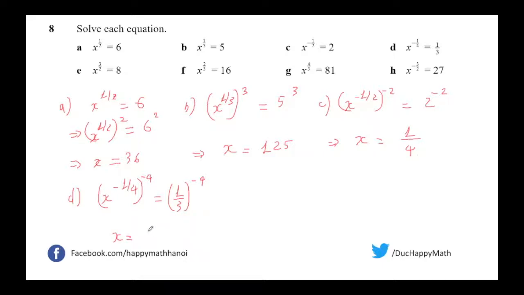X will be equal to 1 over 3 to the minus 4. You got the minus in the power number, and you expand the numerator and denominator, so it will be equal to x to 1.